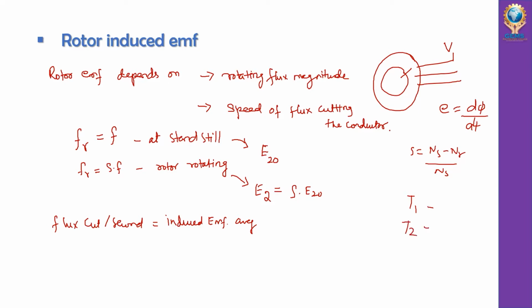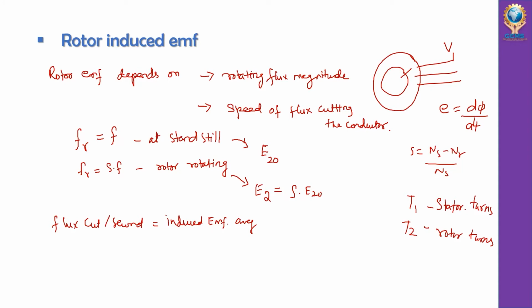Here T1 is the number of stator turns, and T2 is the number of rotor turns. We also need to use some factors, which I will explain as I continue.